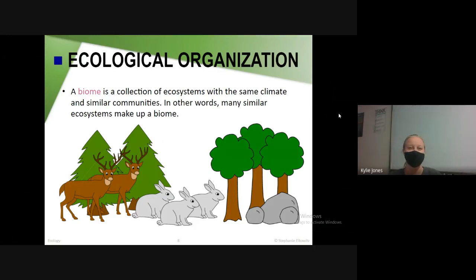If you're in West Phoenix, that could be an ecosystem. But West Phoenix is very similar to East Phoenix. So Phoenix itself is considered a biome because it all has the same type of climate, the same type of animals and plants and stuff in it. Does that make sense? But if you were to go to California where you have beaches and things, it's going to be a different sort of biome than Phoenix because it's not a desert.